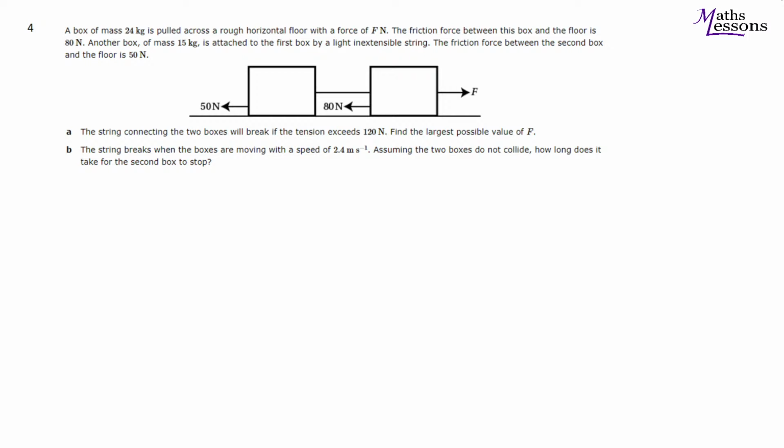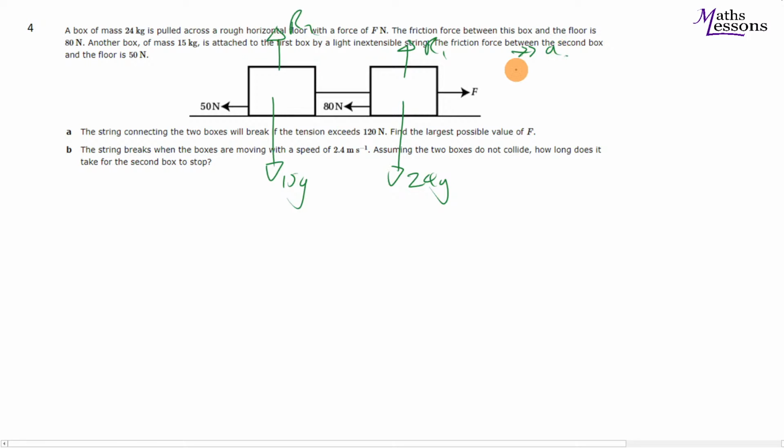So quite a tricky little question there. Let's draw some forces on this. Let's draw the normal reaction here, R1, and we can draw in the mass times g, 24g, and we've got 15g here, and we can call that R2. We're not really going to need the normal reactions in here. We'll assume it's accelerating, because we're not told it's in equilibrium. And we'll put a tension in here and a tension in here.